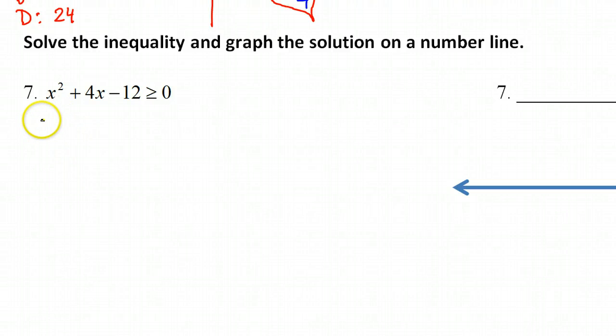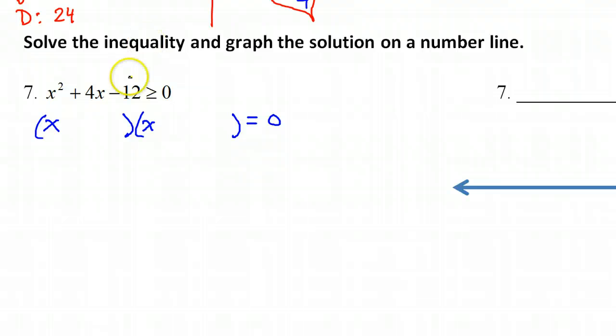Alright, so for a minute I'm going to ignore the fact that this is actually an inequality, and I'm going to factor it and set it equal to 0. That way I'm getting the x-intercepts. So x squared is going to be x times x. 12 is either going to be 3 times 4, or 2 times 6, or 1 times 12.